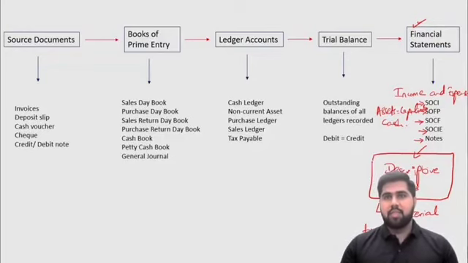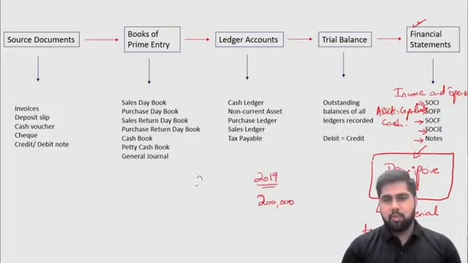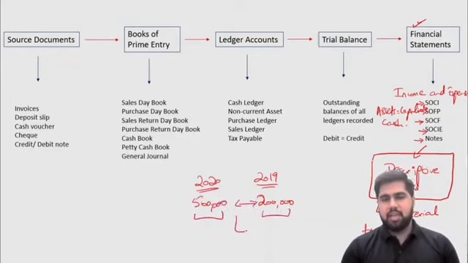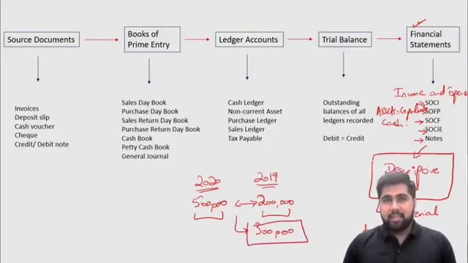For example, let's take an example, 2019 my assets were 200,000. 2020 my assets are 500,000. This change of 300,000 is evident, correct?